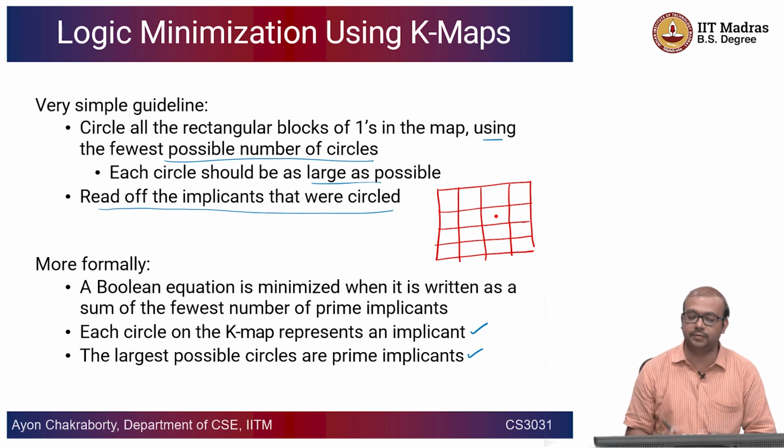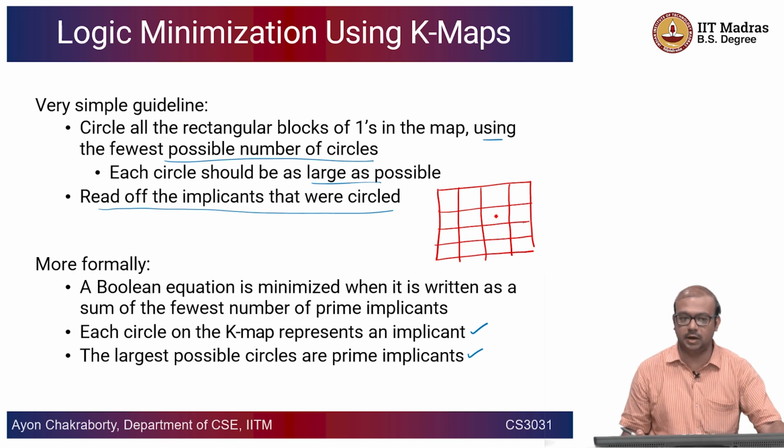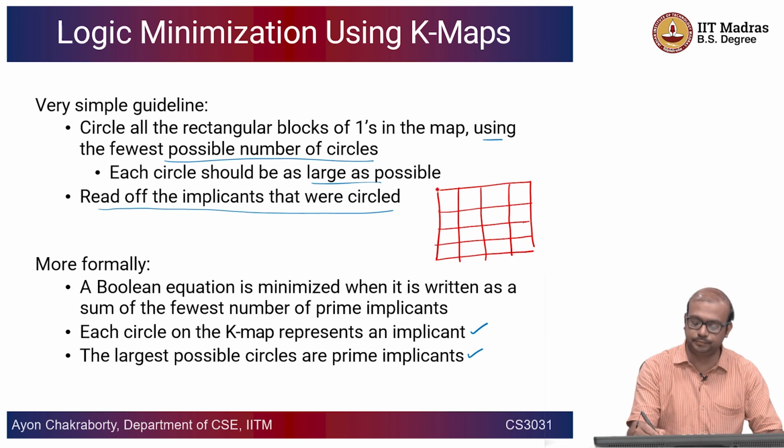But in case of a Kmap, because we want to club two successive variable and variable complement cells, we use something called a gray code, where only one particular bit is flipped. So, if you are using, let us say, A and B on this side, which is 00, 01, instead of 10, we are going to use 11.